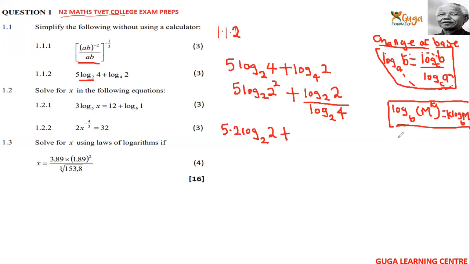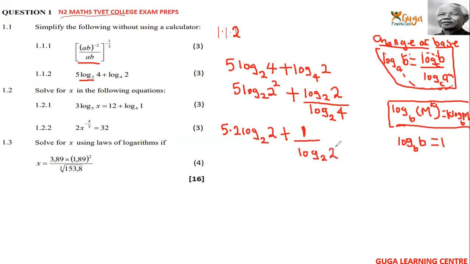If you've got log base b of b, this should equal 1. So this should be equal to 1 all over by log of 2.